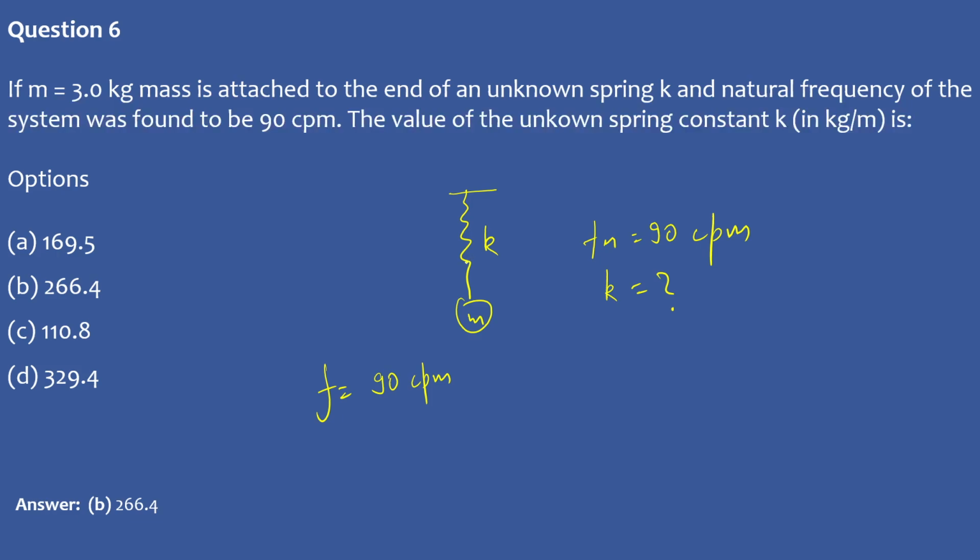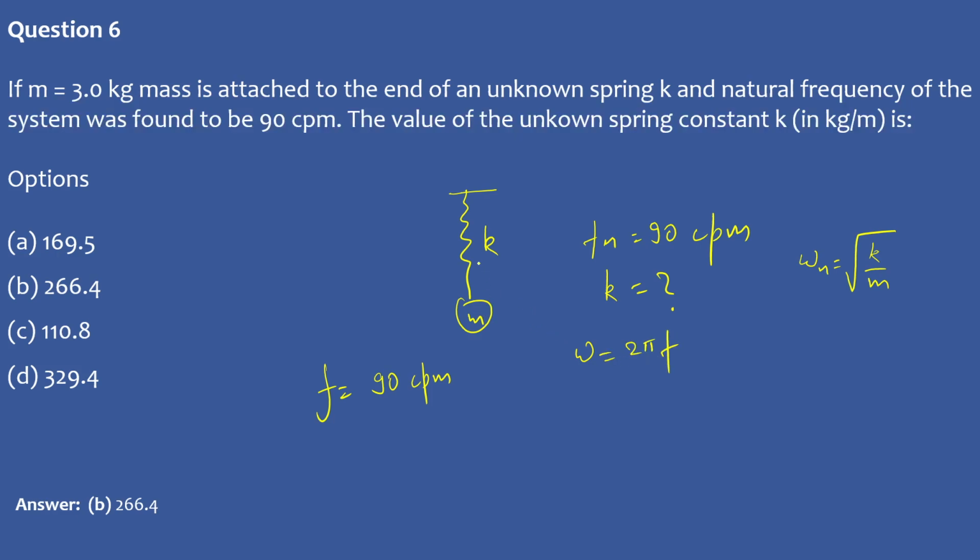This is a simple vibrational problem, I think, which we have tackled in our schooling also. Let's say you have a mass attached to a spring system having stiffness K. Then the natural frequency of the system is usually given by omega n equals root over k by m, right? And your omega n is basically given by 2 pi f.